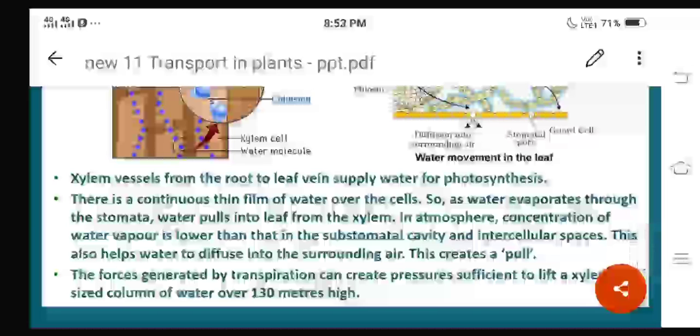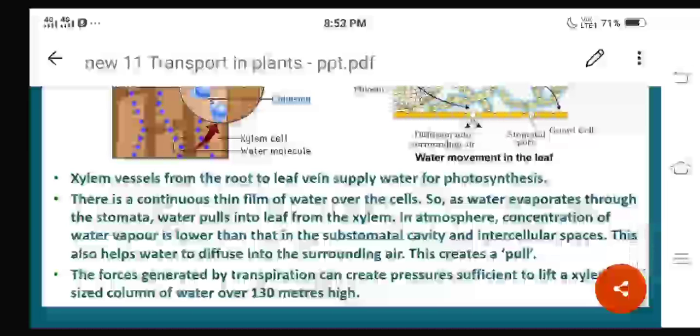It means when water is lost into the atmosphere, some kind of stress is formed in the leaf portion. And in the leaf veins, that will drag or pull the water content from the xylem, right?